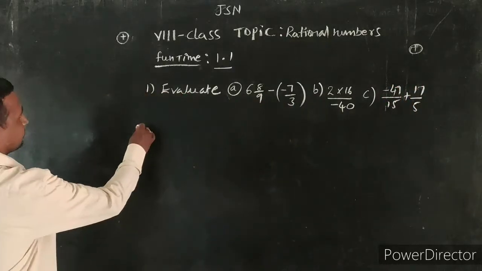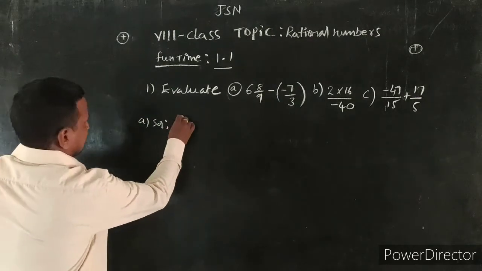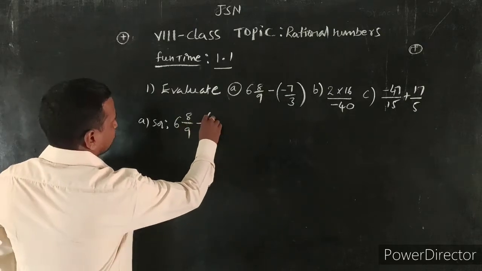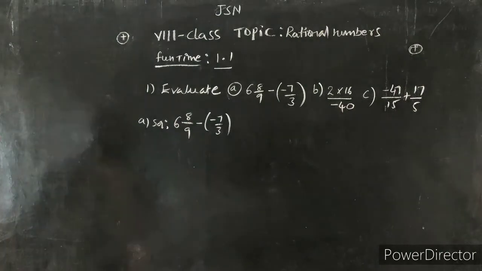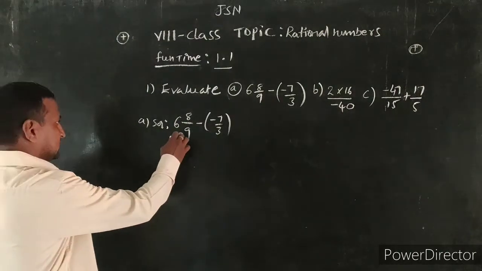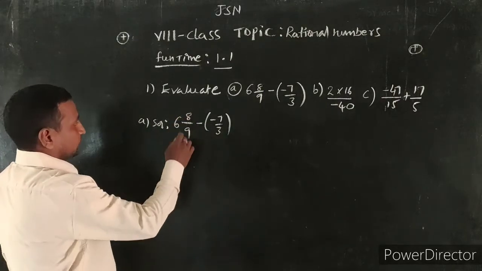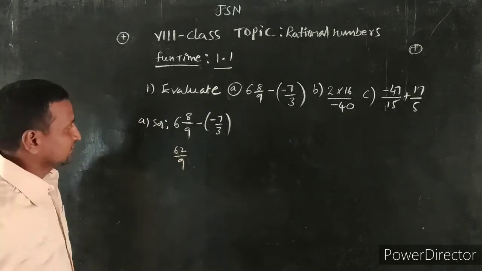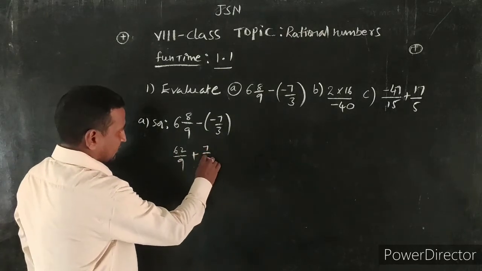Now A: 6 and 8 by 9 minus minus 7 by 3. Okay, the mixed fraction is converted into an improper fraction: 6 nines are 54 plus 8 means 62 by 9, minus minus, plus 7 by 3.